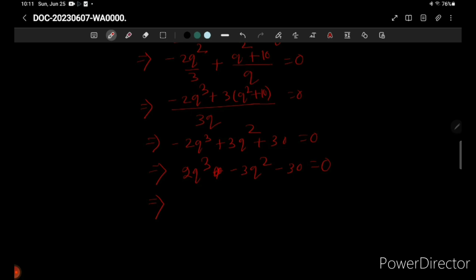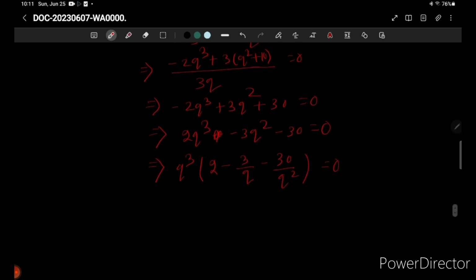So I'll take the highest power common, that is Q cube. Q cube times 2 minus 3 by Q minus 30 by Q cube equals 0. Okay. So here I can write Q cube equals 0 and 2 minus 3 by Q minus 30 by Q cube equals 0.